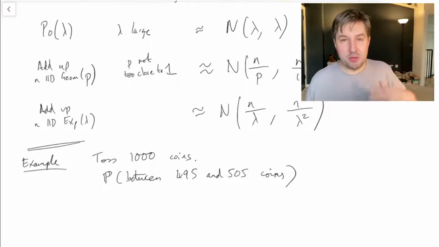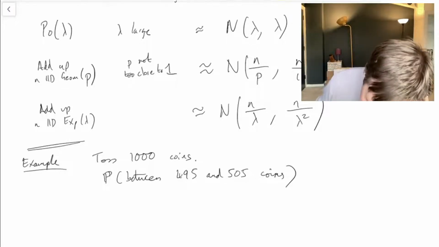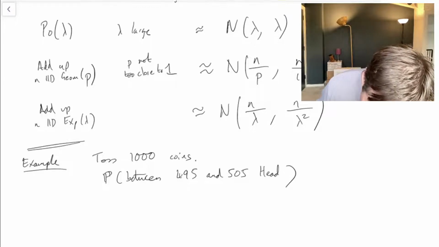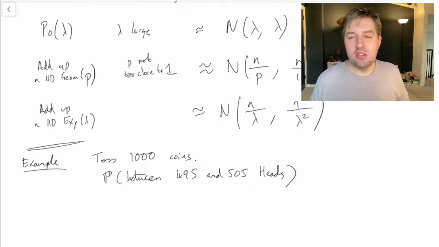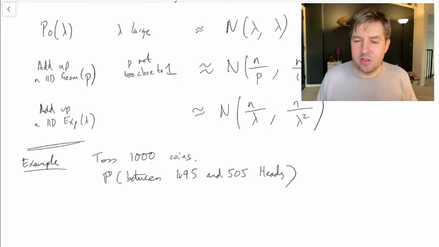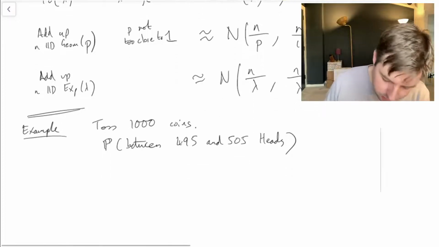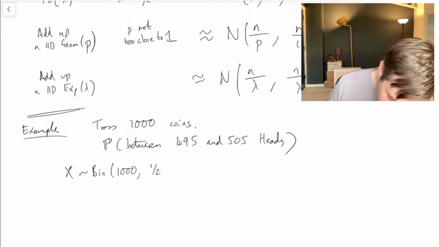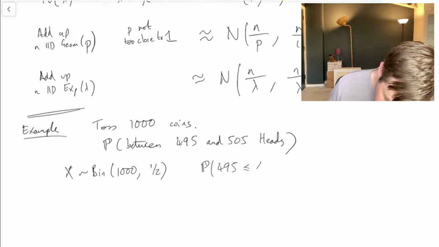We know that on average we expect 500 of them to be heads, so it seems like there might be a pretty good chance it would be very close to 500. So what's the chance we get between 495 and 505? Note this is saying that if X is binomial(1,000, half), we're asking for the probability that 495 is less than or equal to X.